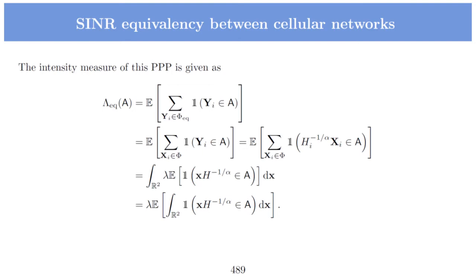So the function here is the indicator that h to the power minus 1 upon alpha x belongs to A. So instead of h_i I wrote h, but it's actually the same. Now we don't have any points, it's just the integration. So I just write h because earlier there were many h1, h2, h3. Now there is only one h which has the same distribution as the rest of the marks.